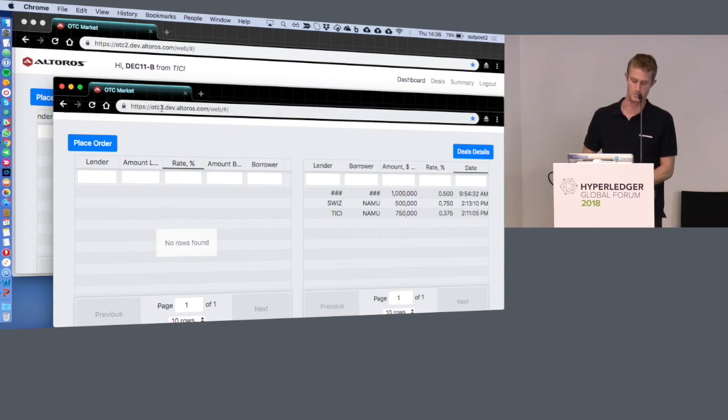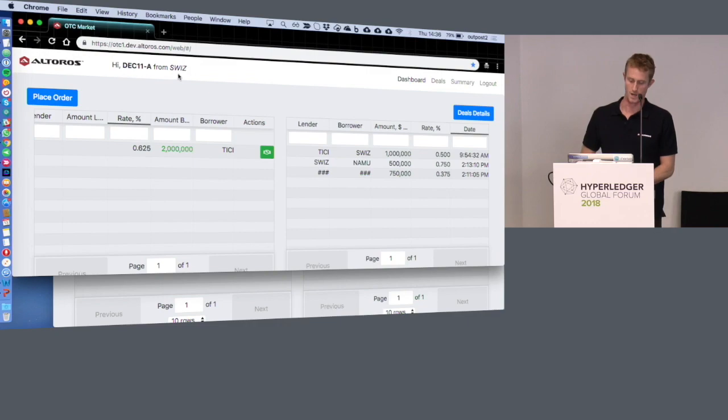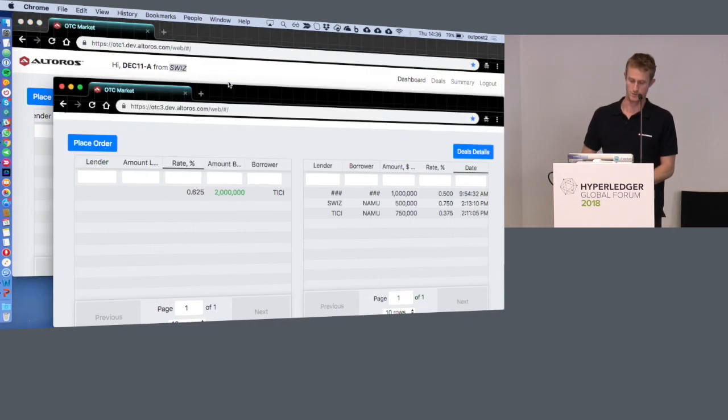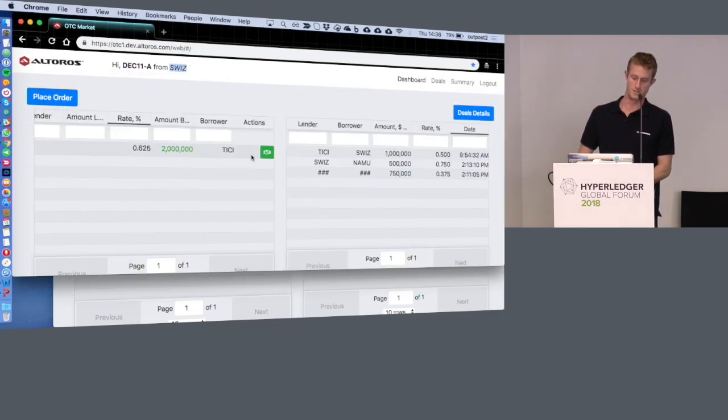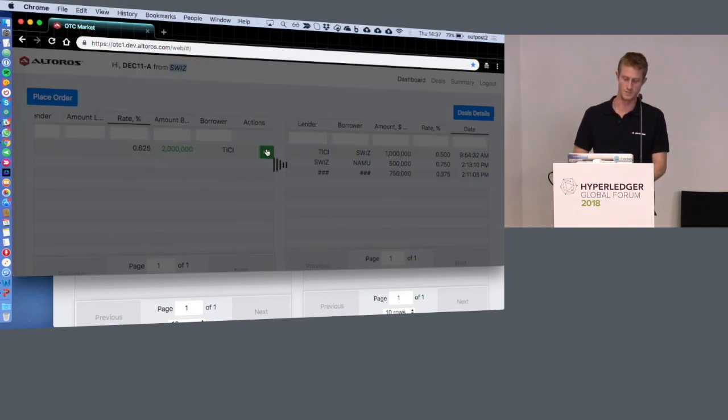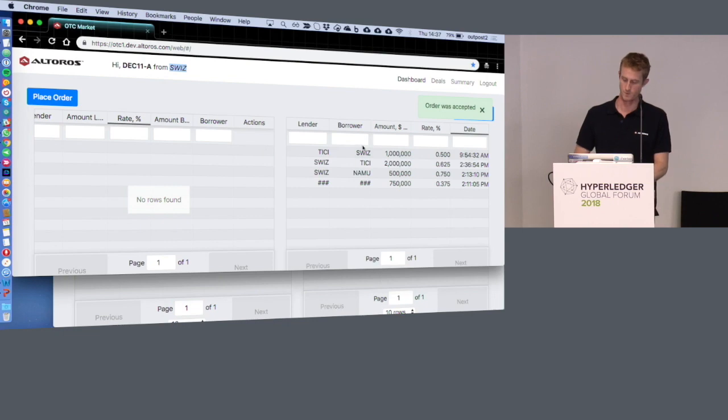You'll see here we have OTC3, OTC2, and OTC1, different parties, placeholder entities at this point. But once that order is placed, it will show up on the order book for the other entities involved, and accepting is fairly straightforward. It's a single push button.